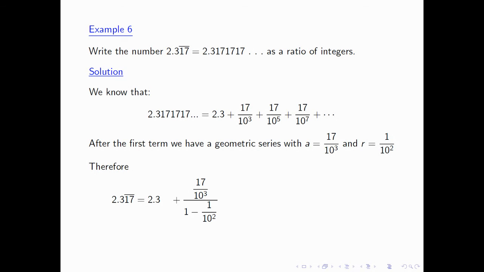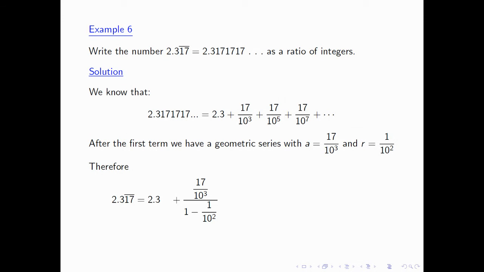And therefore, 2.317 repeated is 2.3 plus the limit of that geometric series that we've described. But that we can calculate using our formula.